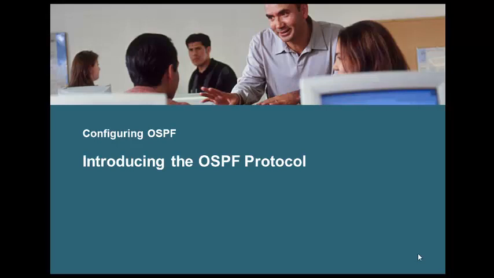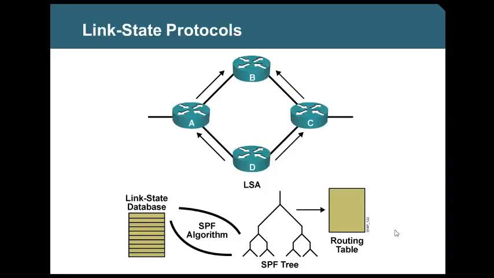Open Shortest Path First. Now this comes under link state routing protocol. Link state. If you go back and see EIGRP and RIP, what do they advertise? They advertise information from the routing table. Both EIGRP and RIP are distance vector protocols. The information they share between the routers does not provide the complete topology information.